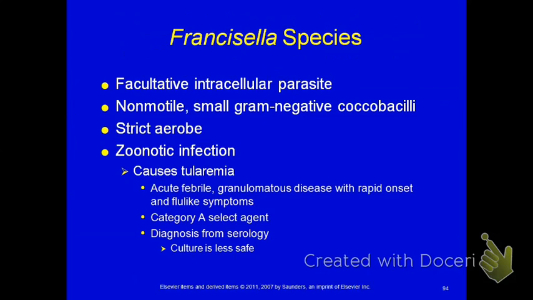It can cause tularemia, sometimes known as glandular fever or rabbit fever. It is an acute febrile granulomatous disease with rapid onset and flu-like symptoms. It is more dangerous than Brucella. It's category A, so it requires a category A biosafety hood.